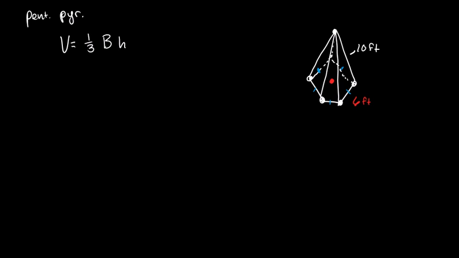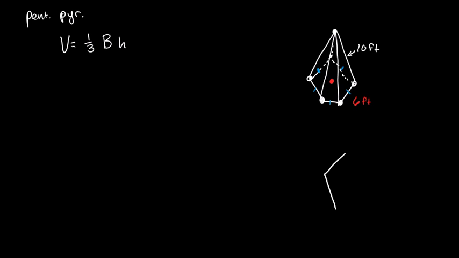And I'm actually not given really explicitly the pieces that I need for the area of my base, nor the real height of my pyramid here. I'm given this slant height. So let's go ahead and start out with the area of the base.